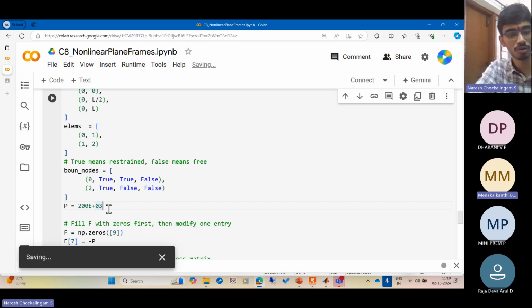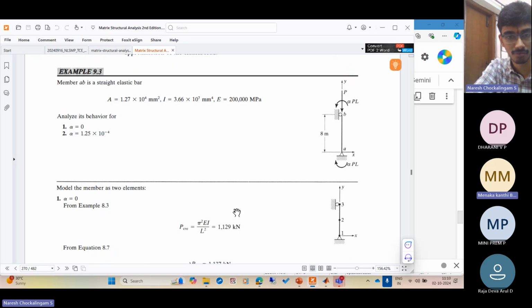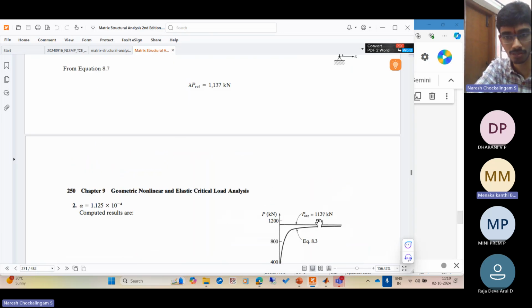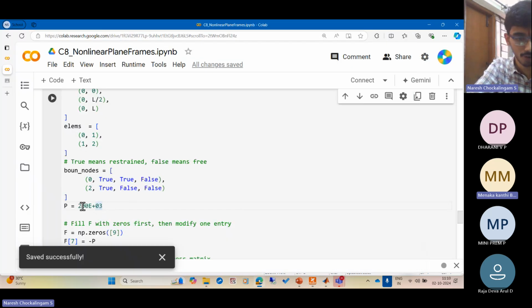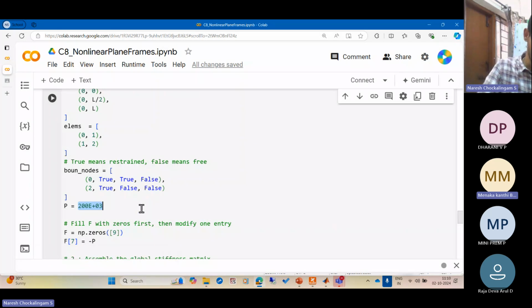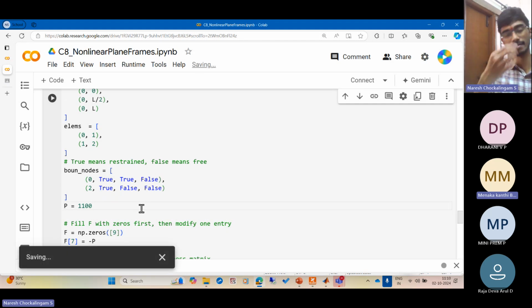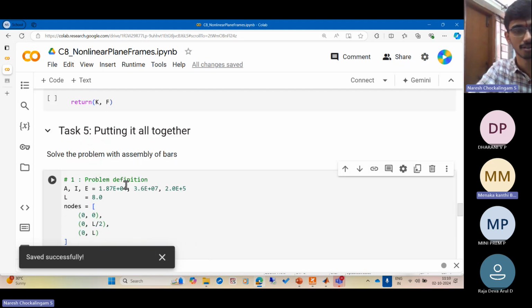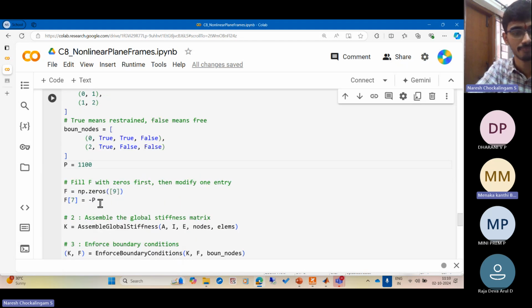Now the load. Let's see what load they're getting. It's about 1137 kilonewtons, and we cannot exceed it. So let's just put 1100 kilonewtons, and then 10 power 3 Newton mm. I think units are consistent, no issues.